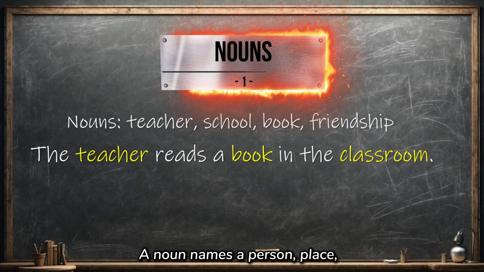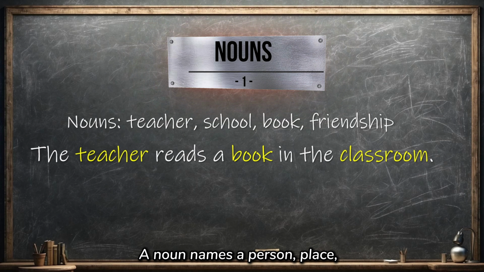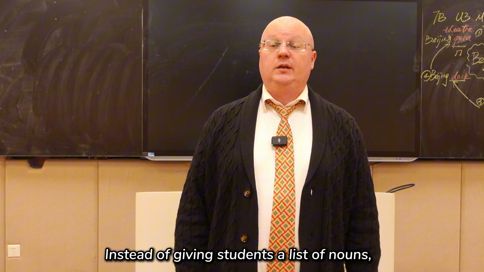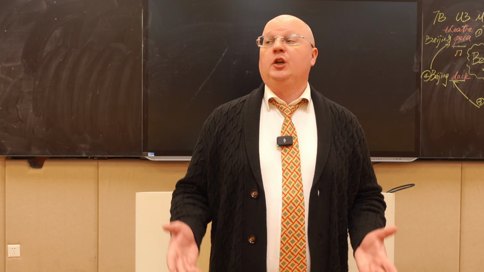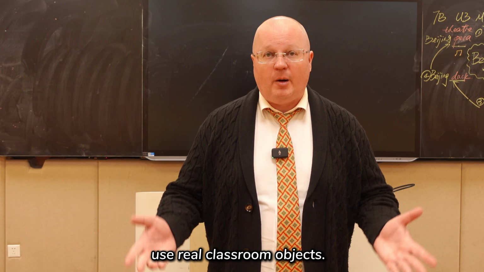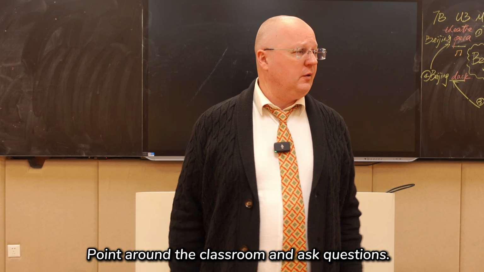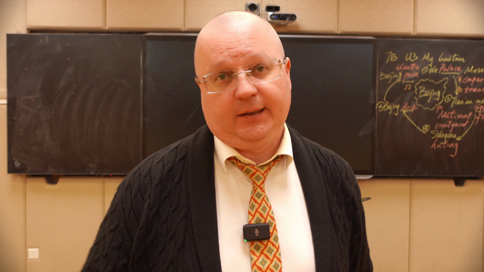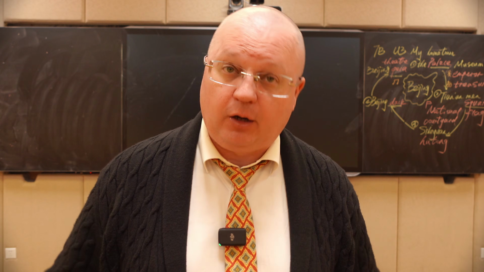A noun names a person, place, thing, or idea. Instead of giving students a list of nouns, use real classroom objects. Point around the classroom and ask questions. What is this? It's a desk. What do we call this? It's a chair. What is that? It's a pen.